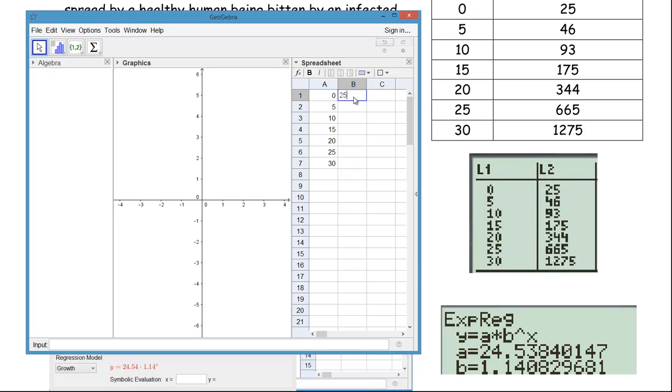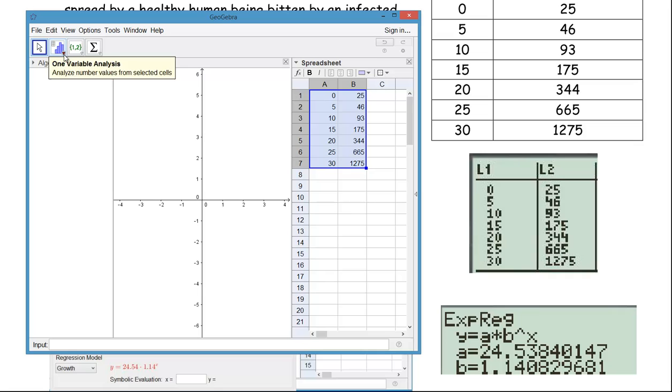So 25, 46, 93, etc. Okay, let me just have a look here, make sure that I typed those all in correctly. Yeah, okay. So this is what we want to find an exponential model to fit, exponential equation.